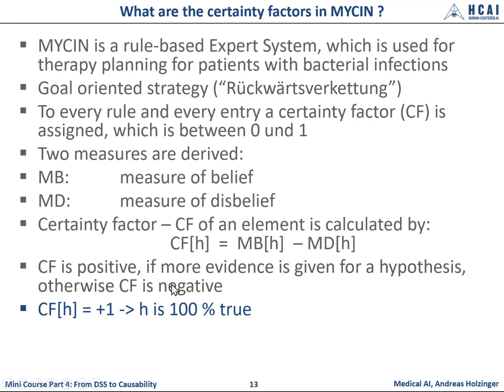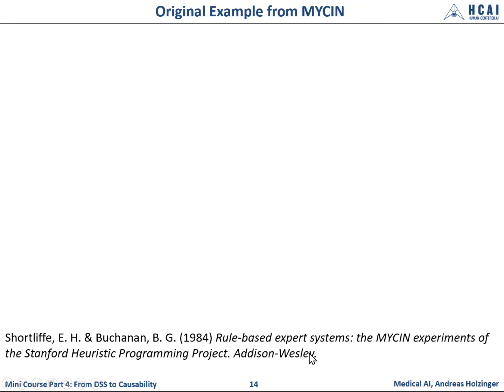And this is the big advantage. A hypothesis is 100% true only if you have plus 1, and a hypothesis is minus 1 only if it is 100% false. And now you have a good middle way. When you have received 0, then you know you cannot rely on this machine. So this is very good.